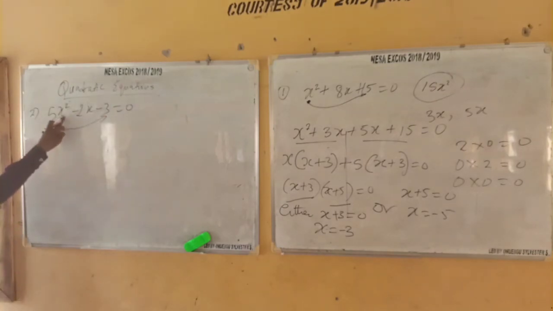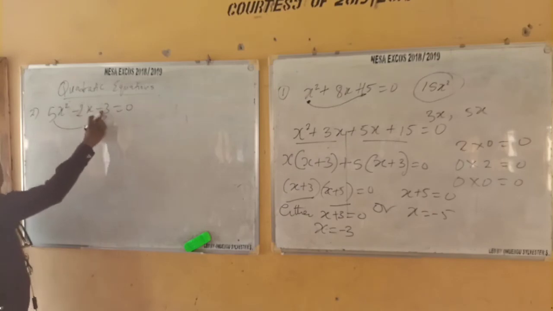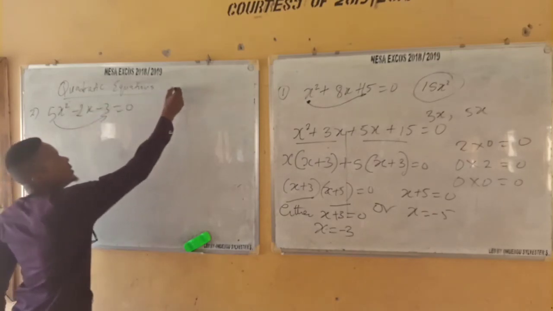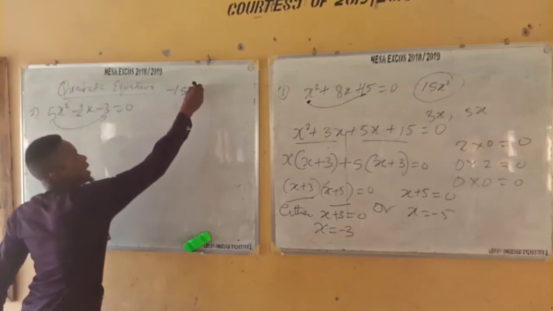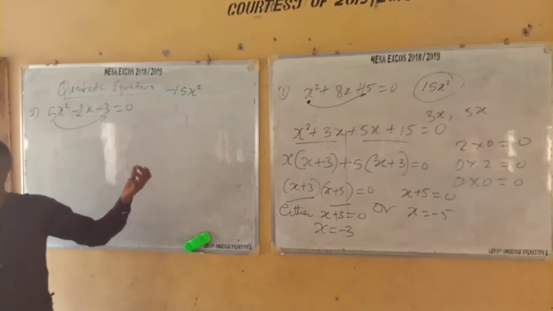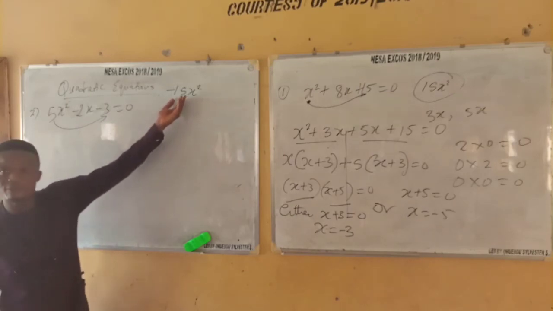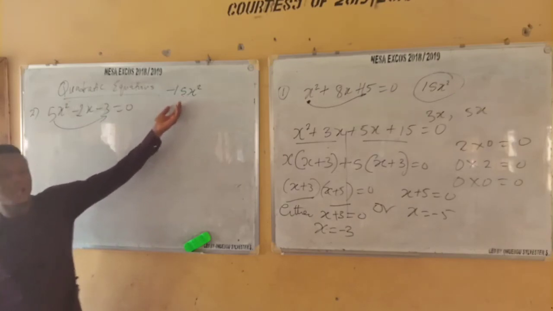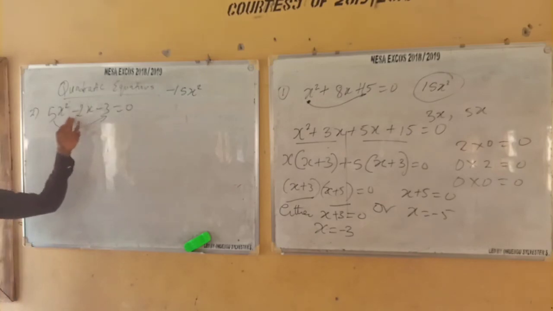So I will say 5x squared multiplying minus 3, I will have minus 15x squared. You now ask yourself, what two terms will you multiply to get minus 15x squared, and when you add, you get minus 2x?